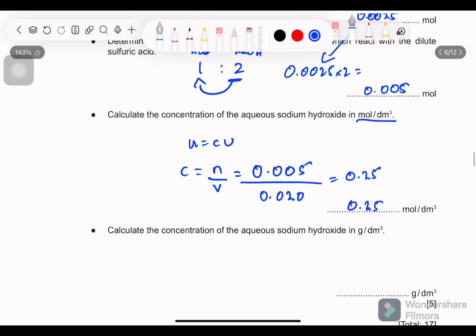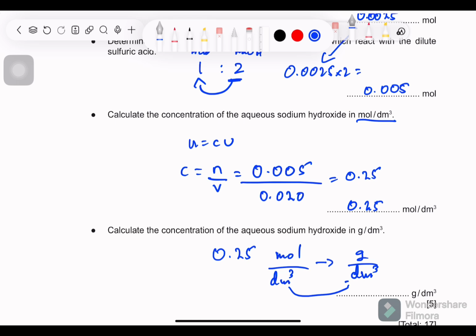Now calculate the concentration of the aqueous sodium hydroxide in grams per dm cube. So this is moles per dm cube, and we have to go into grams per dm cube. The dm cube is the same, we only have to convert the moles into grams.